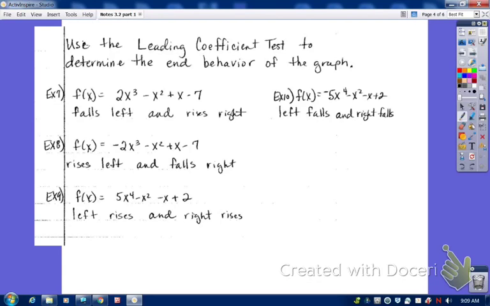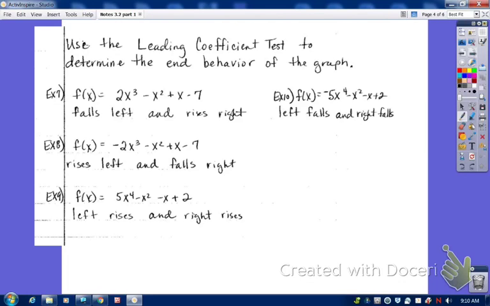In example 7, the leading coefficient is 2 because it's the coefficient of the variable that has the highest exponent. We'll need to write these in order, highest to lowest. In example 8, the leading coefficient is negative 2. In example 9, what's the leading coefficient? 5. In example 10, the leading coefficient is negative 5.